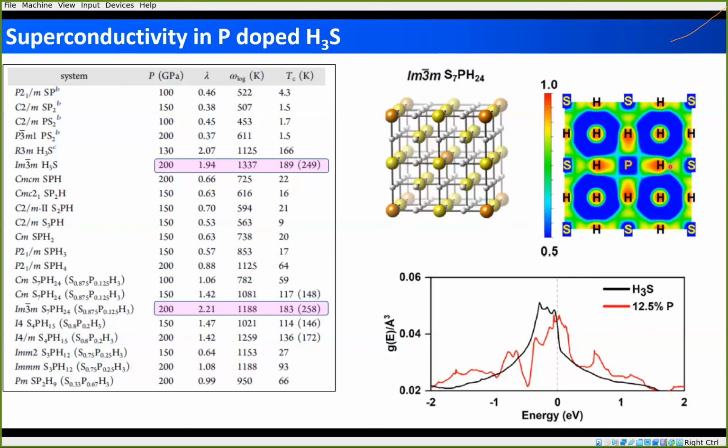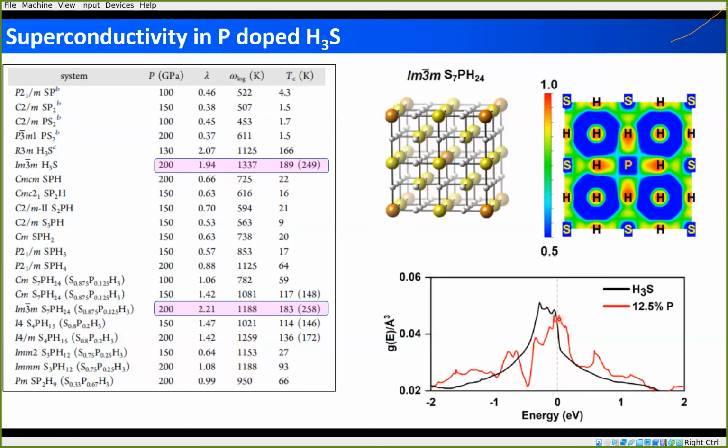One can plot the electron localization function and see that this metallic structure is still somewhat intact throughout the 3D lattice, which is not what we find if we just put a single carbon atom into the system. When we put carbon into the system, we see that it really localizes these hydrogens and it breaks the metallicity of the structure. And in the case of phosphorus, that is not the case.